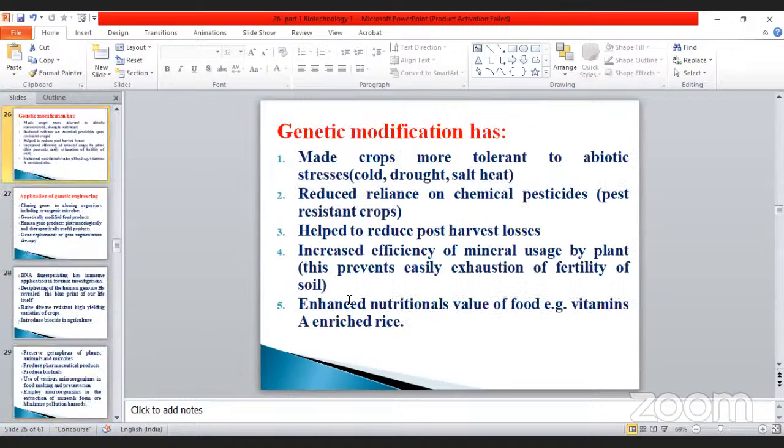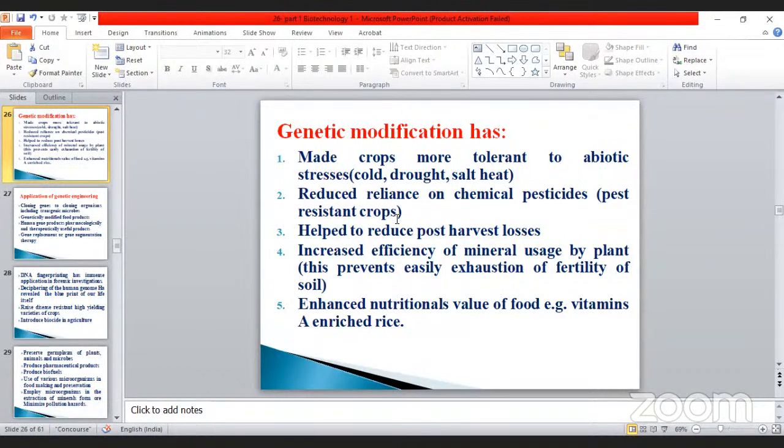Next is genetic modification: what the modifications are, what the uses are, and their applications, how it will be used for the public or human beings. Genetic modification has made crops more tolerant to abiotic stresses: cold, drought, salt, heat, etc. It reduces reliance on chemical pesticides, with pest-resistant crops also.